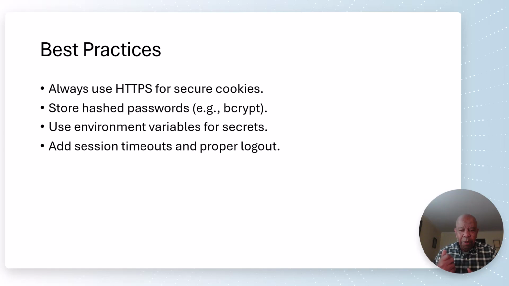Use environment variables for secrets. I'm sure all of you have set up a password and it comes back and tells you whether it's good, bad, medium, or great. Use passwords that fall into that great category. Unfortunately, those types of passwords are often hard to remember, but that's the purpose. They're hard to remember.